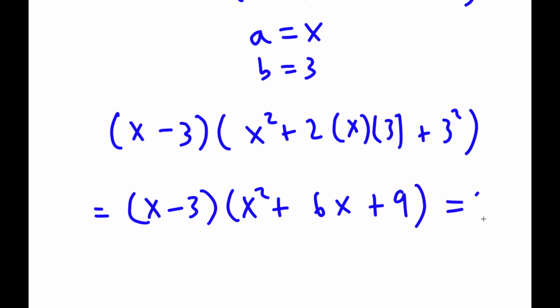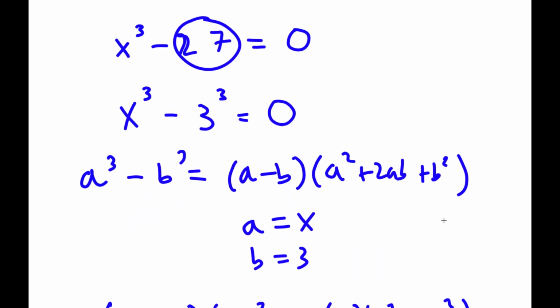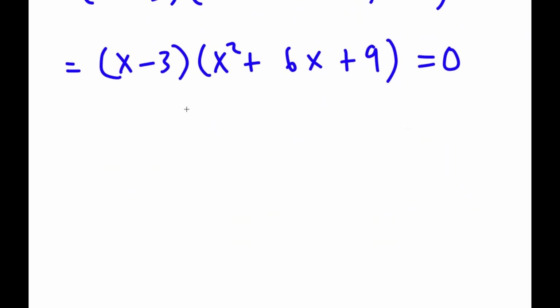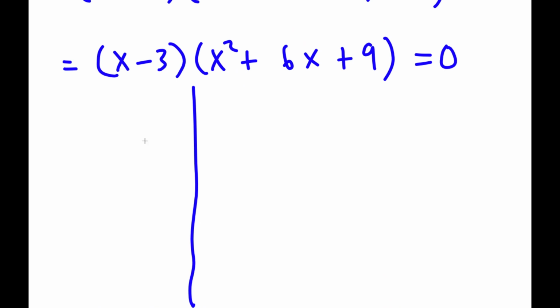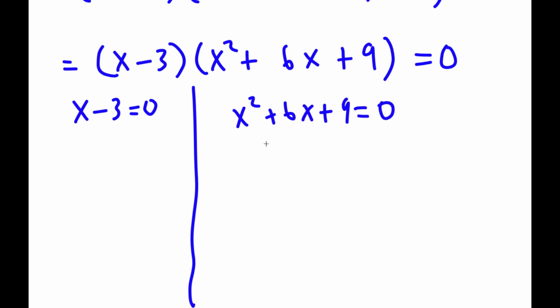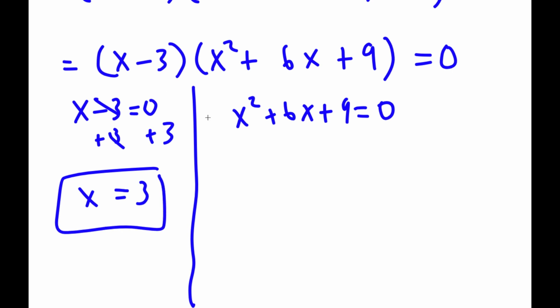And remember, this is all equal to 0. Now this is going to give me two equations. I have x minus 3 is equal to 0, and I also have x squared plus 3x plus 9 is equal to 0. So for x minus 3 equals 0, all I have to do is add 3 on both sides, and I get x is equal to 3. So this is a simple equation.